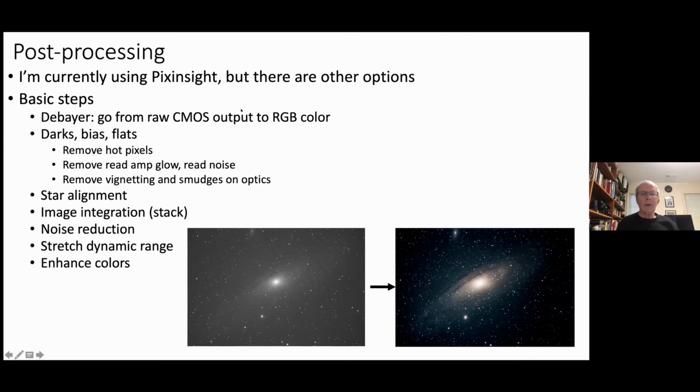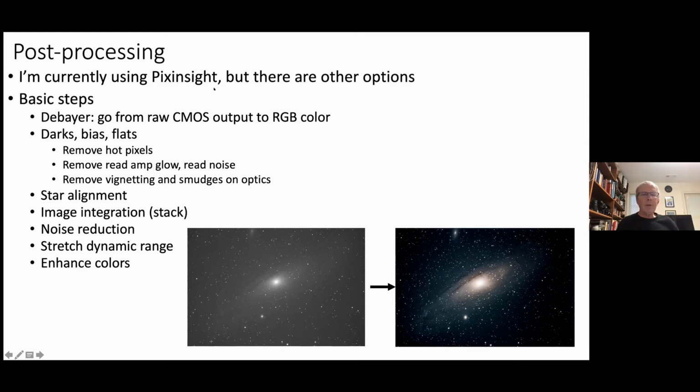And there are, of course, software packages that will do the stacking while you're watching. I'm not using one right now, but I just use the software that came with the ZWO camera to accumulate the images. And then I use PixInsight for the processing. But again, there are other software packages you can use.